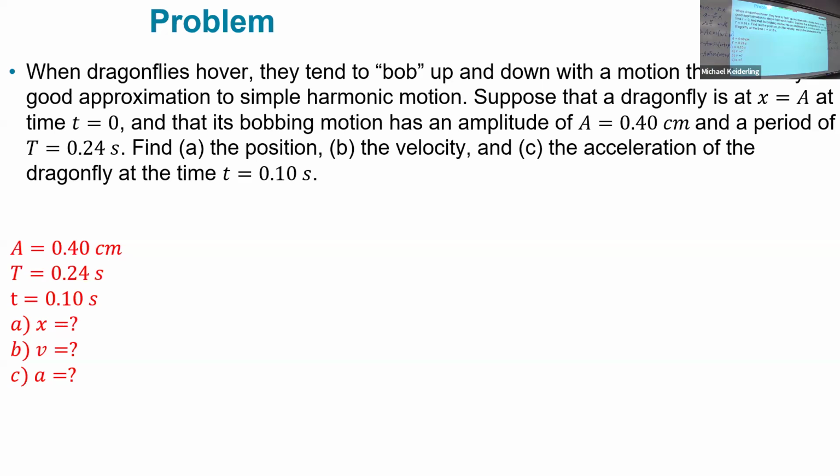So again, I'm going to rewrite these over here. x of t is amplitude times the cosine of omega t. v of t is minus amplitude times omega times the sine of omega t.